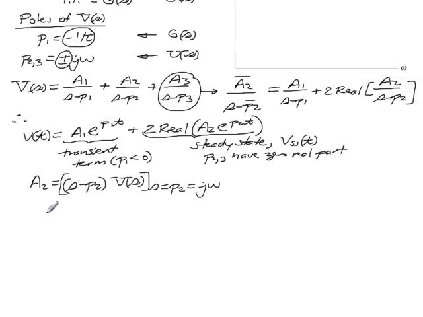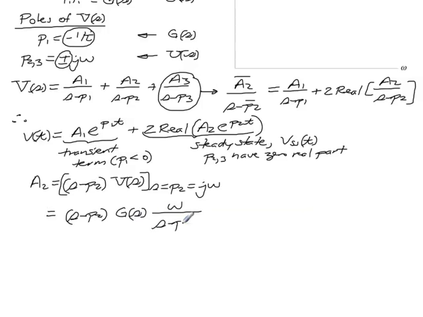Okay. S minus P2. And if I go back up to V of S, we had V of S was equal to the transfer function G, and U of S was equal to omega.